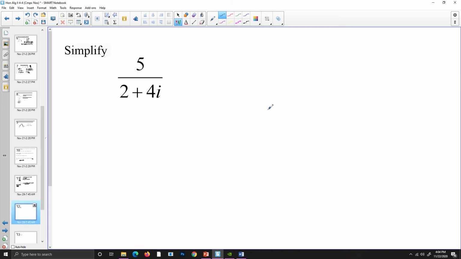Simplifying. Here, I want to make this into a complex number. And to do that, I need to remove the imaginary from the denominator.